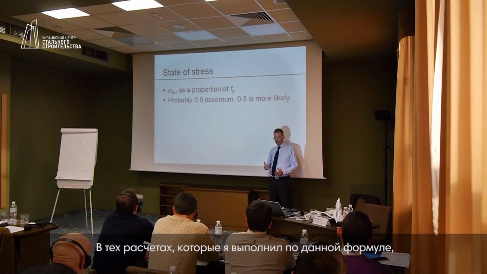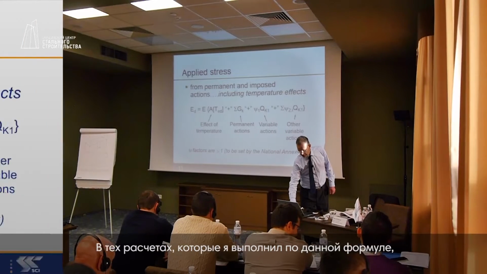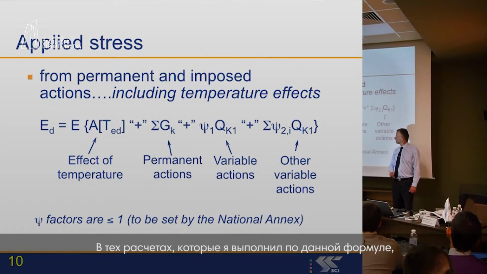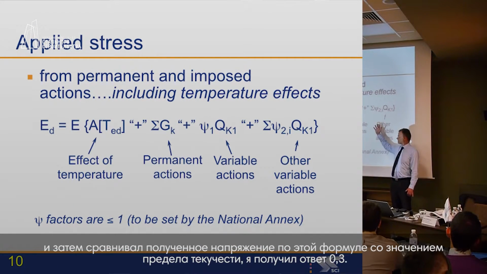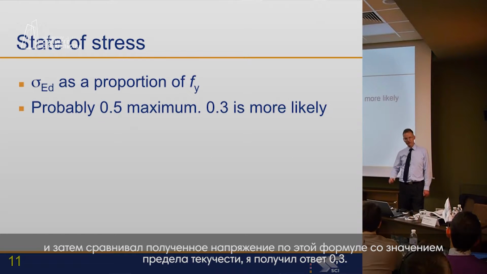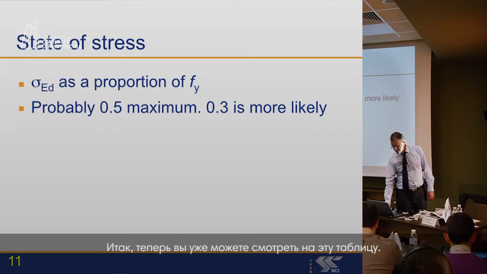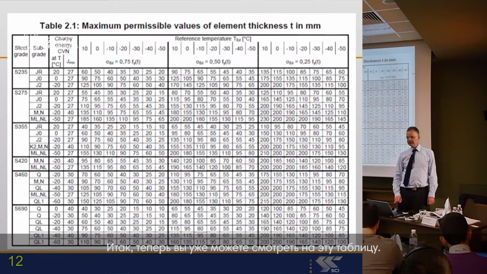In the calculations I have done, using that expression, and then comparing the stress that I get from this expression to yield, I find that 0.3 is a reasonable value. I generally conclude no more than 0.3. So then, you could enter this table.